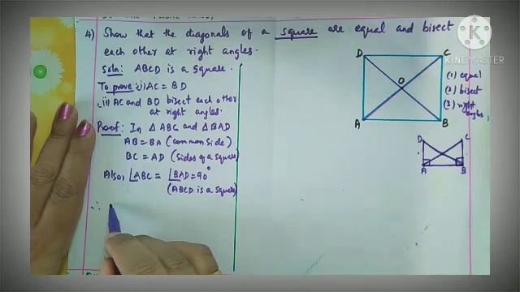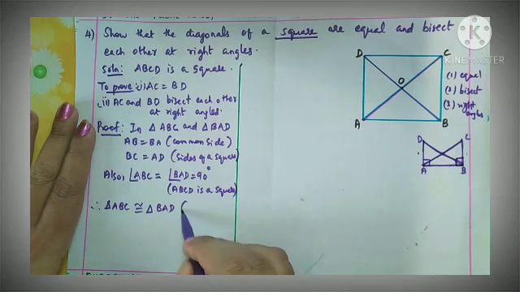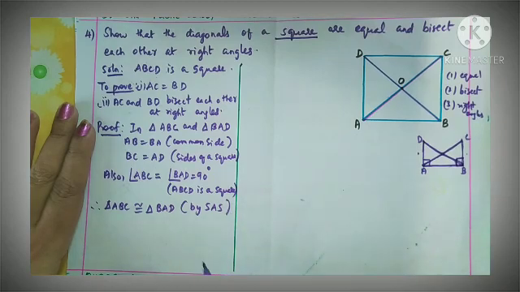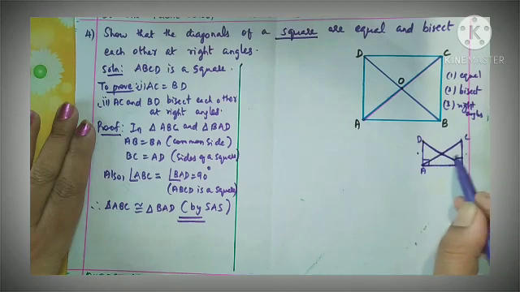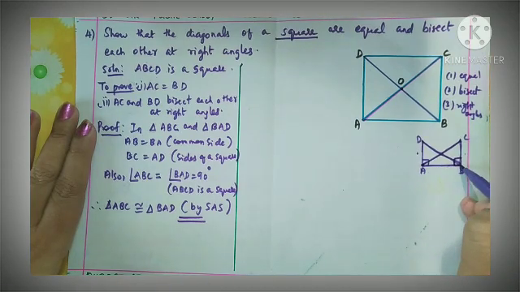Therefore, triangle ABC is congruent to triangle BAD by SAS congruence rule.